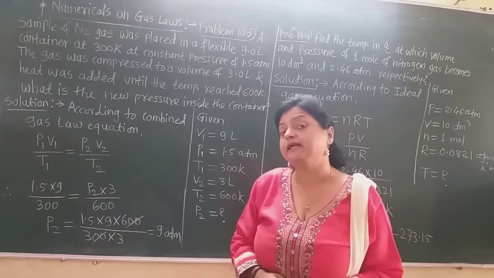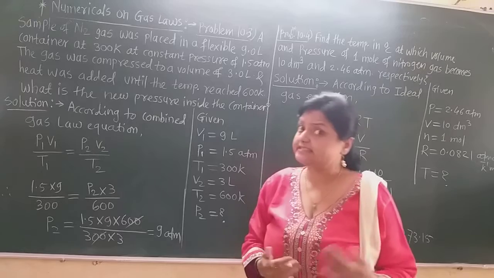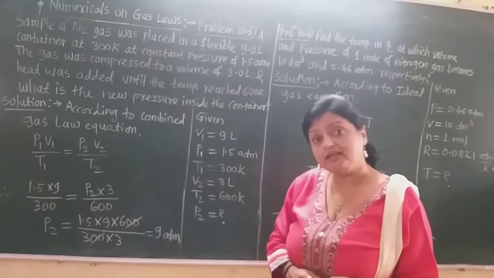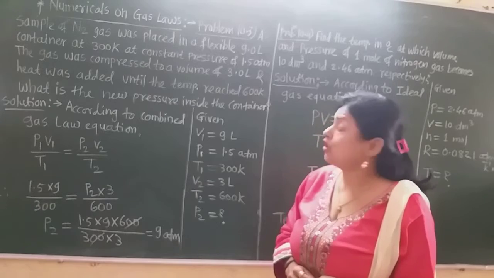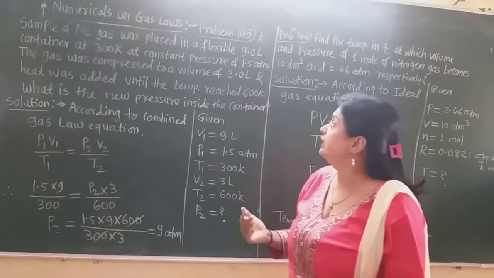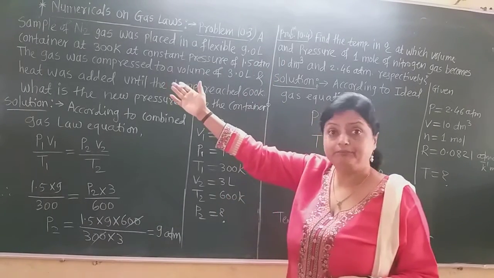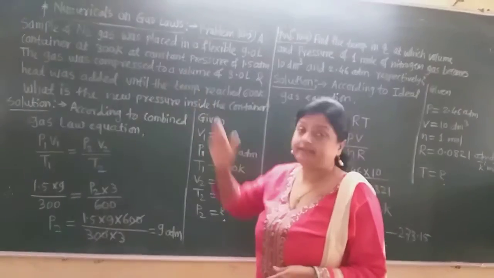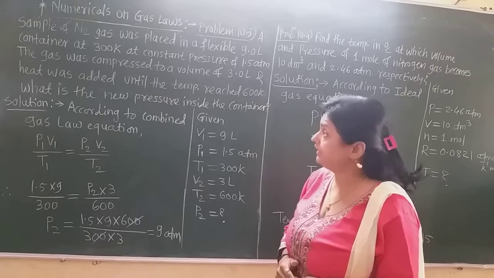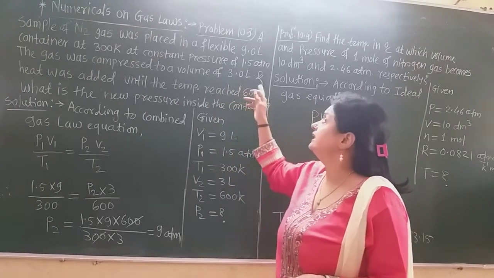That means the flexible container is filled with 9 liter of nitrogen gas at 300 Kelvin temperature and at a constant pressure of 1.5 atm. So they have given the initial volume V1 as 9 liter, initial temperature T1 as 300 Kelvin and initial pressure P1 as 1.5 atm.